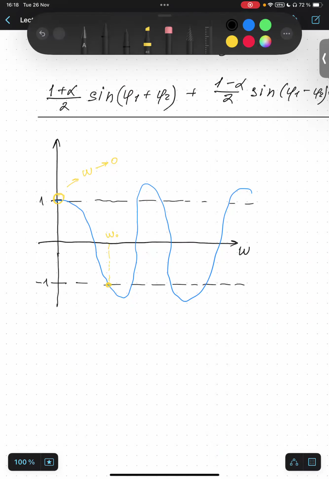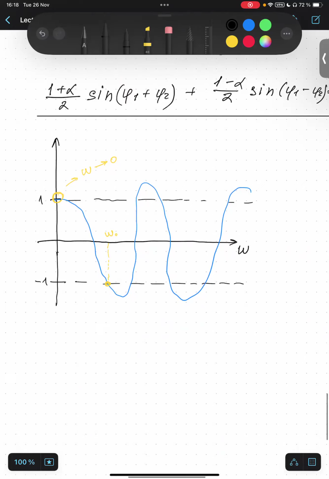Let's analyze it further. First point, for example, omega tends to 0. Obviously, cosine kd is equal to 1.